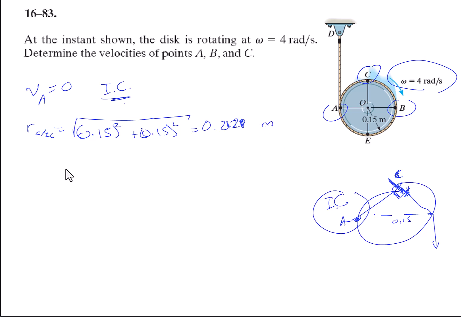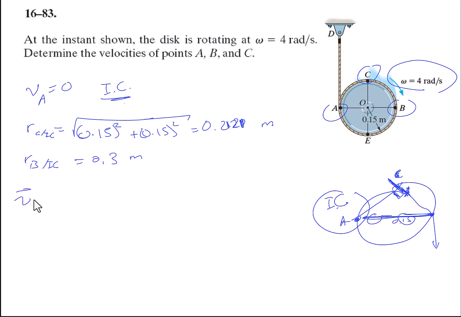And the relative position of B with respect to the instantaneous center is 0.3 meters.